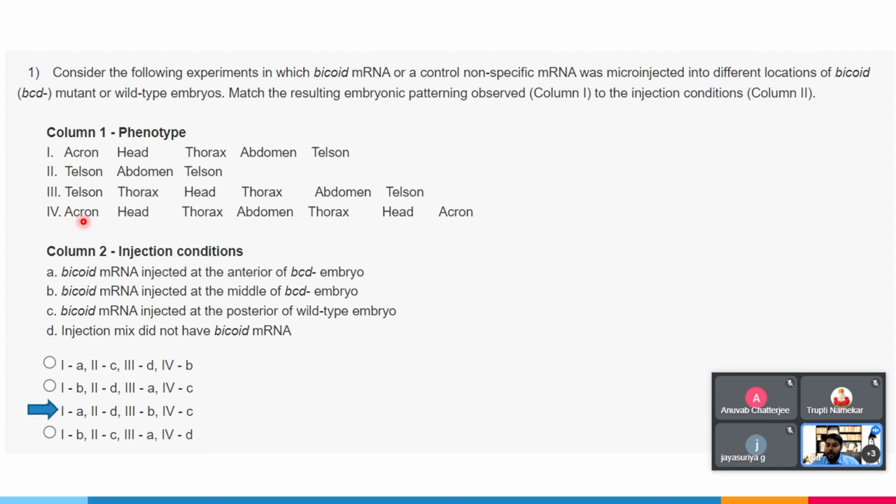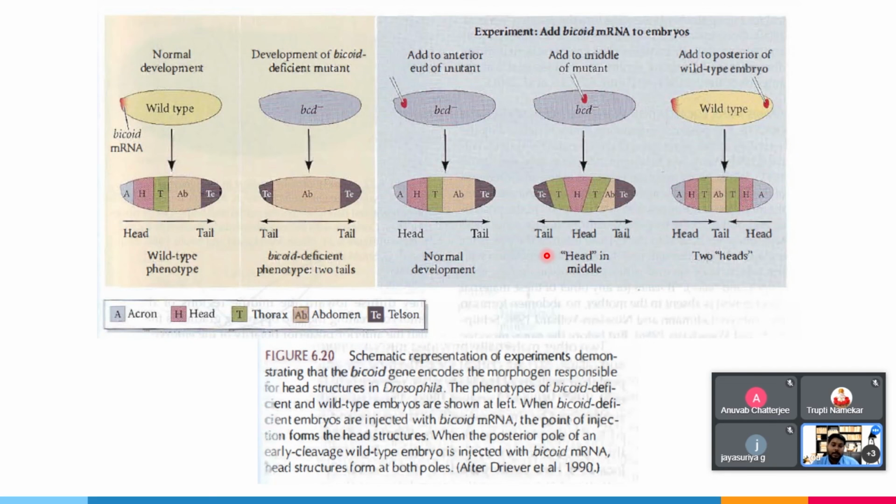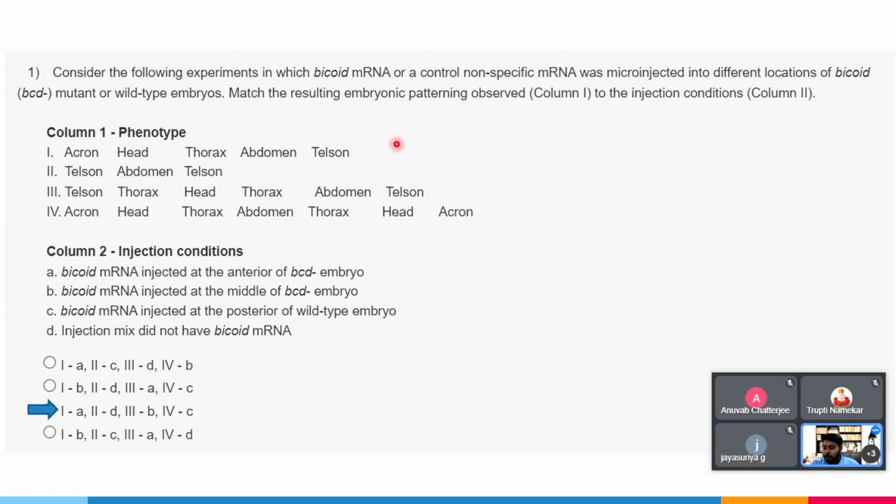Oh no, wait. Injection mix did not have bicoid mRNA, this will be A. But one can be D, or one can also be A, where bicoid mRNA is injected in the anterior of the bicoid deficient mutant. That is this particular case, bicoid deficient mutant, and we have the injection in the anterior portion. This can also be the case. So one can be A or D.